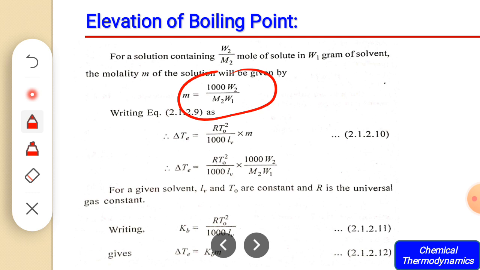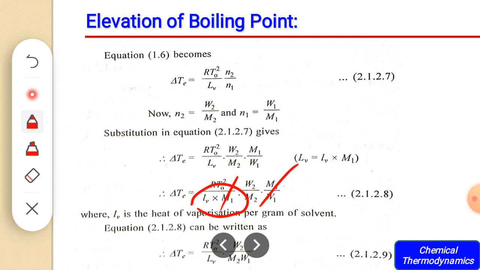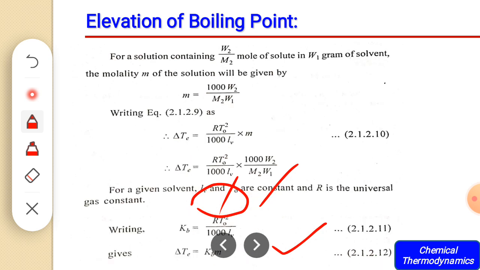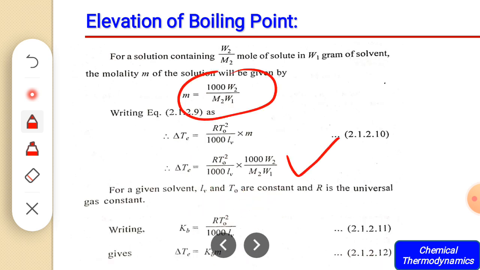If we rearrange this equation by dividing and multiplying by 1000, we get delta Tb is equal to RT0 square upon 1000 into Lv, into 1000 into W2 divided by M2 into W1. Dear friends, this term is the value of molality m. That's why we get delta T is equal to RT0 square divided by 1000 into Lv into small m.